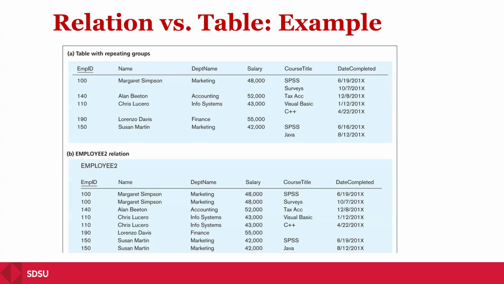We replaced the multi-valued attribute with an additional row that we inserted in the table. And that is why the table on the bottom, employee two, is a relation, and the table on the top that has a multi-valued attribute for the course title is not a relation.